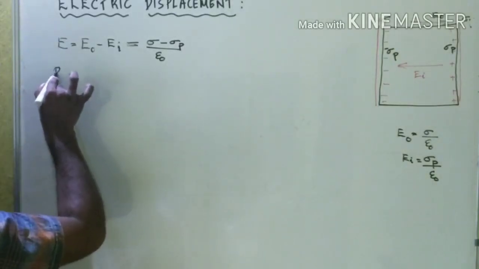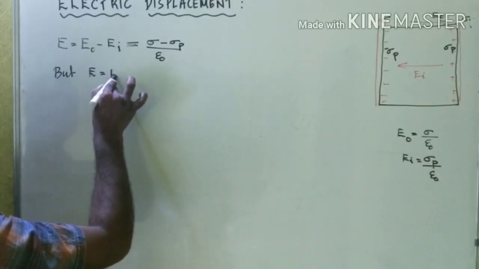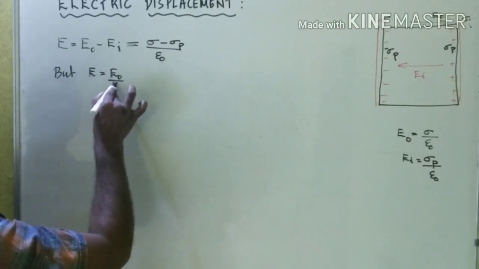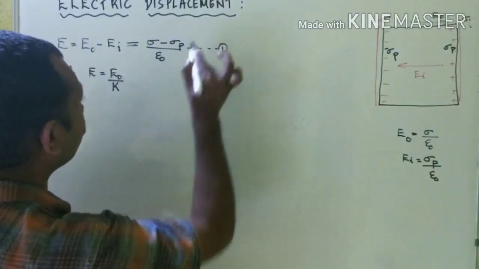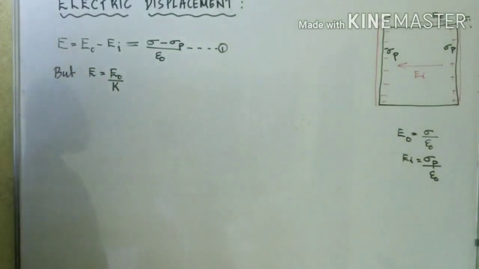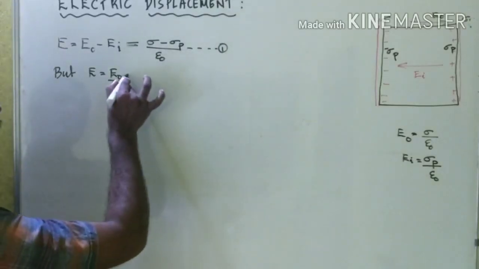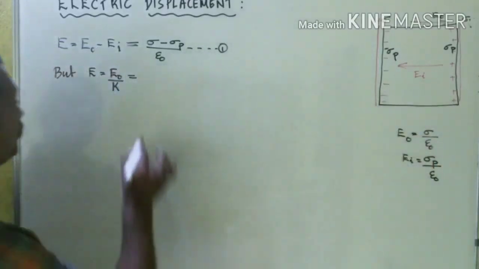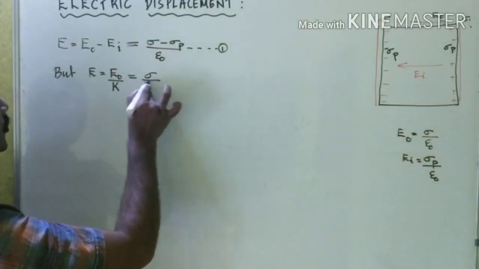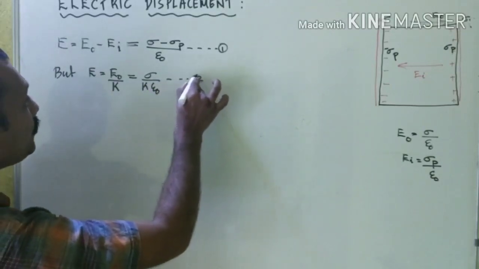But we learnt that E is equal to E0 divided by K. Let me put this as equation number 1. E is equal to E0 by K is the net electrostatic field inside a dielectric, which implies, substituting for E0, what is E0? Sigma by epsilon 0. This will give you sigma divided by K epsilon 0. Let us take it as equation number 2.